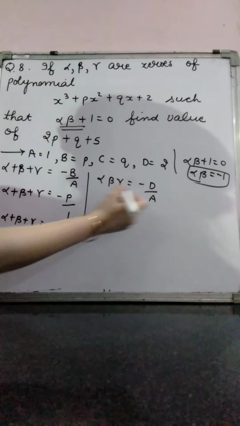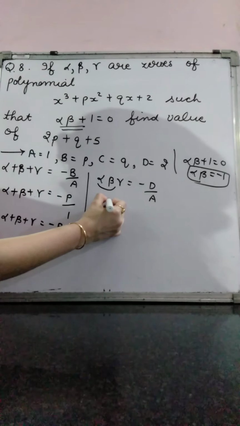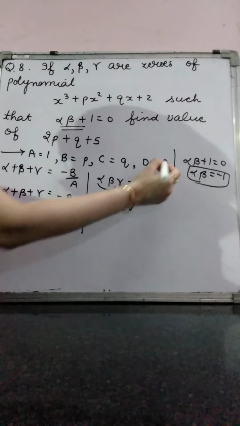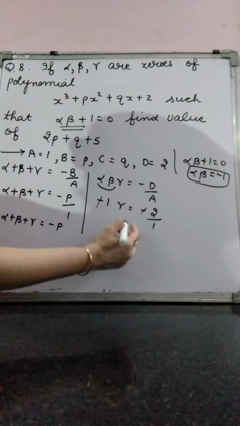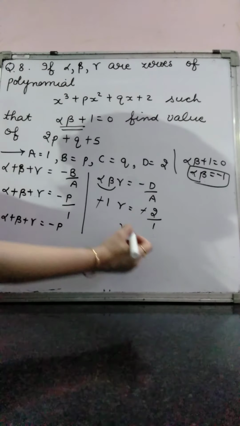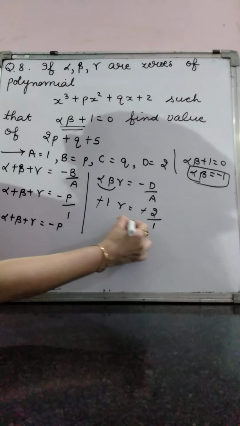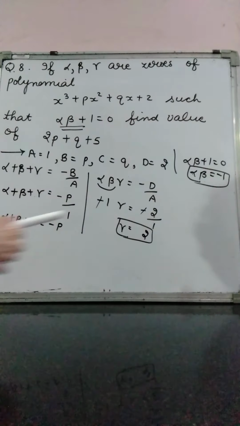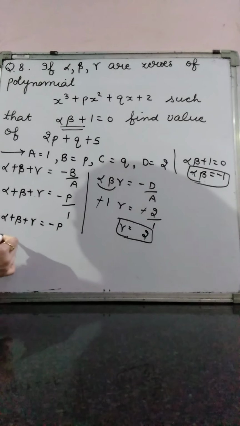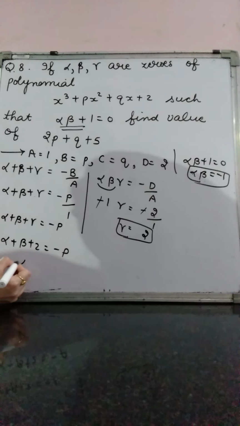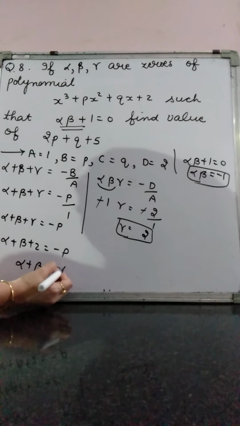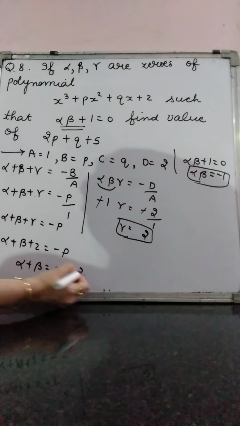For alpha into beta, substitute value minus 1. For d, 2, and for a, 1. Cancel minus and minus. The value of gamma is 2. Substitute this value of gamma here. So alpha plus beta will be minus p minus 2.